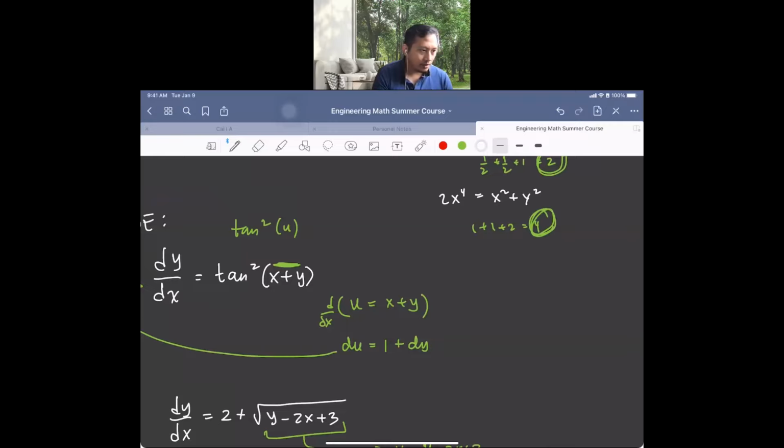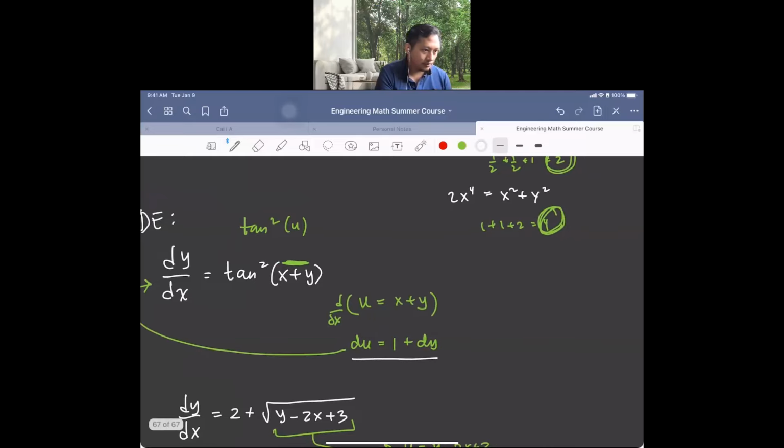So if we take this, for the tangent, then perhaps this is our du, right? du is equal to dx plus dy, and because our dy/dx is tangent squared u, right, we can exchange this.